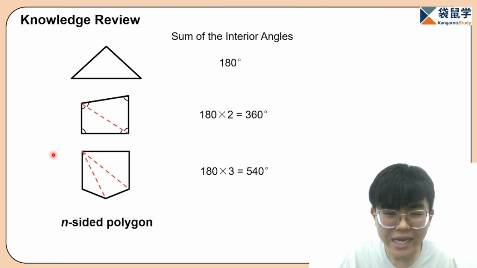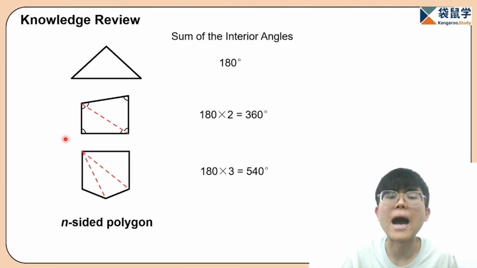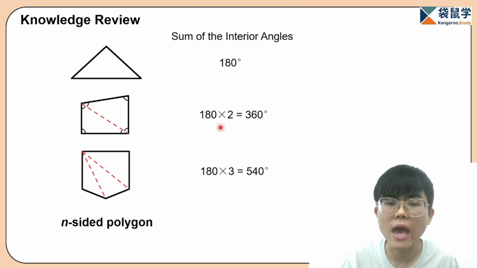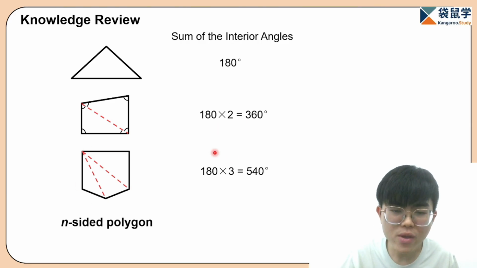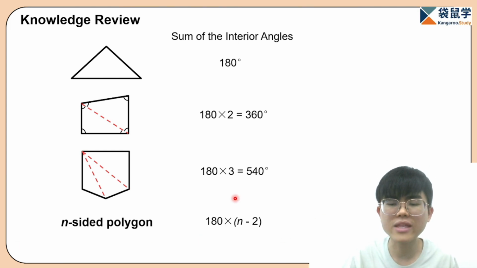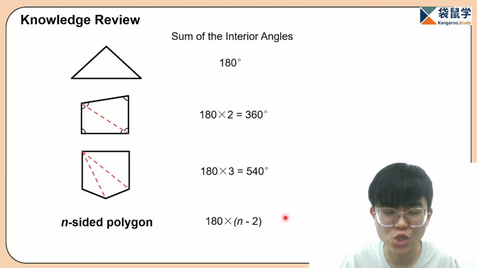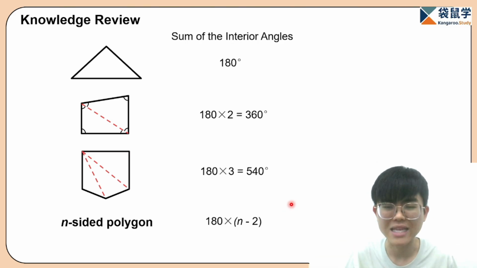We can see that the number of triangles is just the number of sides minus 2. So if we want to find the interior angle sum for the n-sided polygon, we just use 180 multiplied by n minus 2. Then we can find the sum of the interior angles.